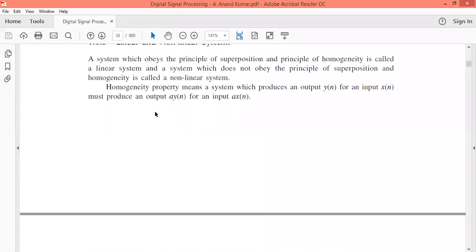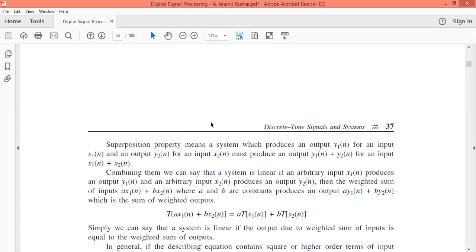What is homogeneity? See here, for example, if you apply x(n) as the input, y(n) is the output. Now if you apply a x(n) as the input, we should get a y(n). If you are getting the output as a y(n), then it is satisfying the homogeneity property. Now what is superposition?